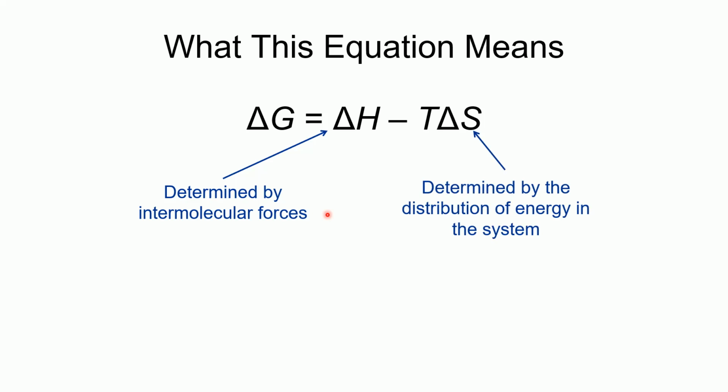Delta S is going to be determined by the distribution of energy in the system. This really won't make 100% sense until we get to chapter 19, but I'm going to give you at least a little bit of an idea of what it means for delta S to be either positive or negative.